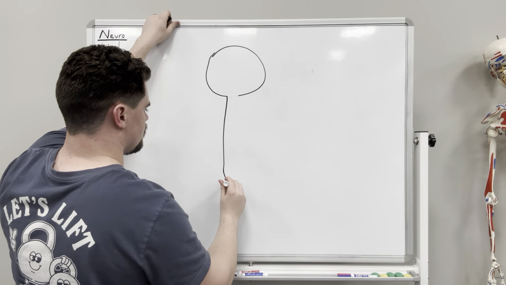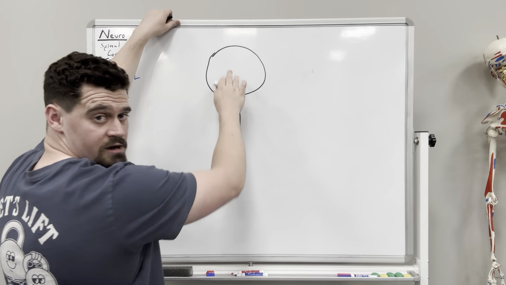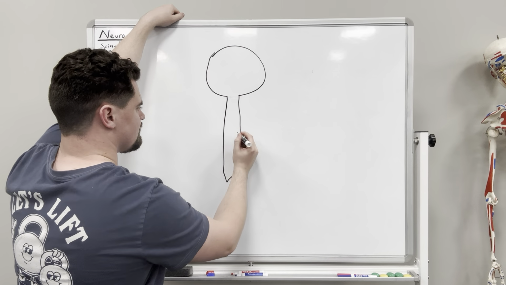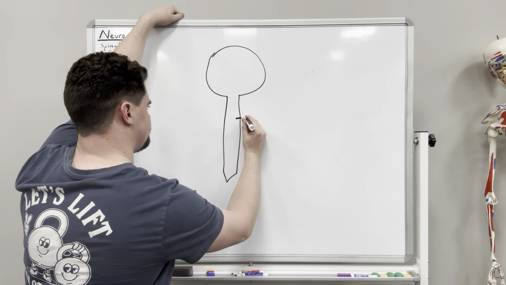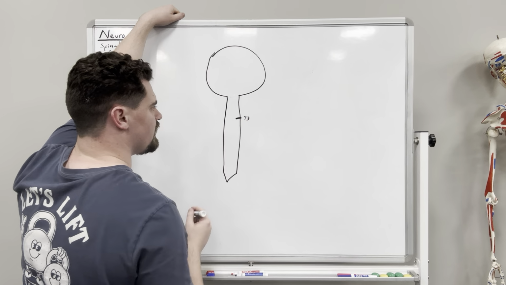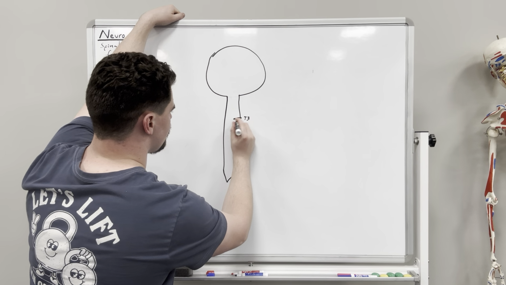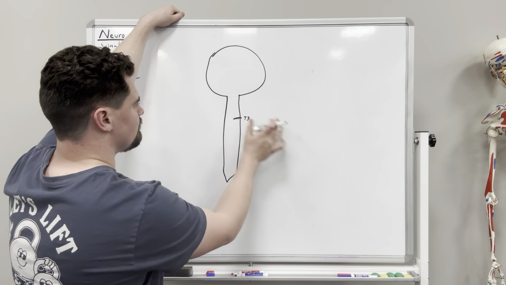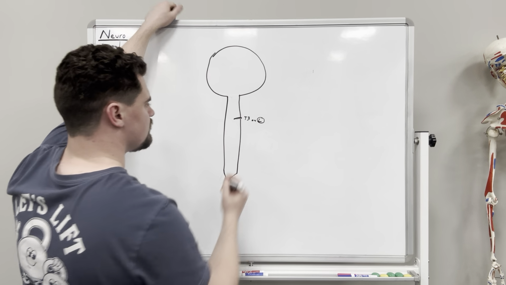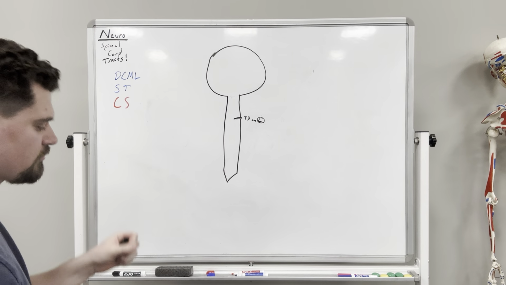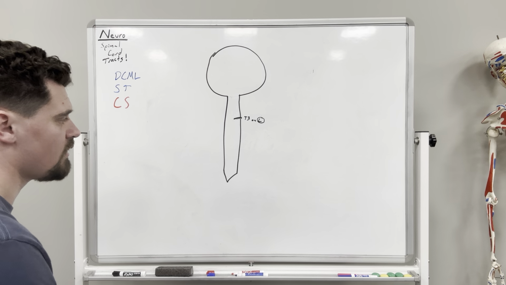So let's draw a little spinal cord. So brain, spinal cord, and let's say this guy has a lesion at T3, and it's on the left side. So that's the lesion. He has a T3 Brown-Séquard lesion on the left side.